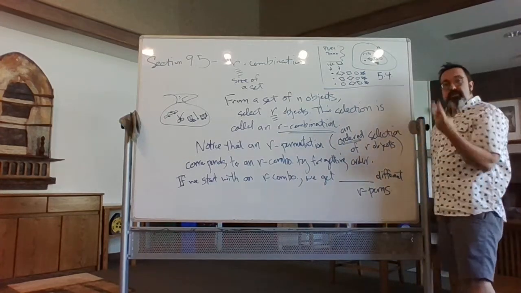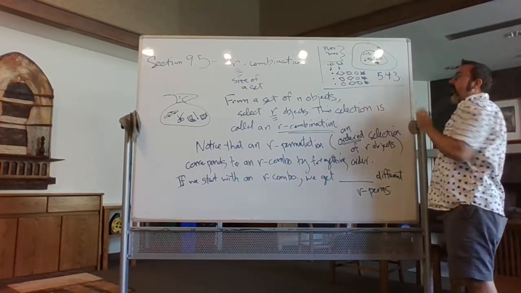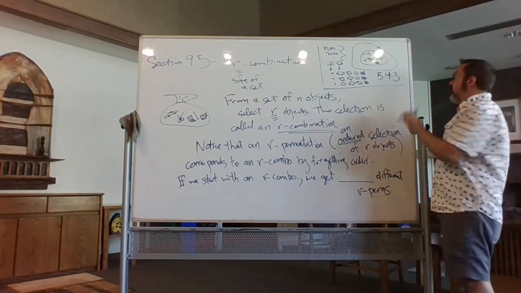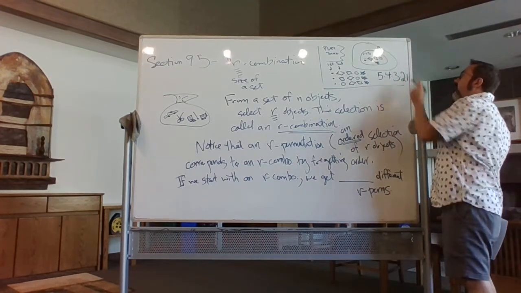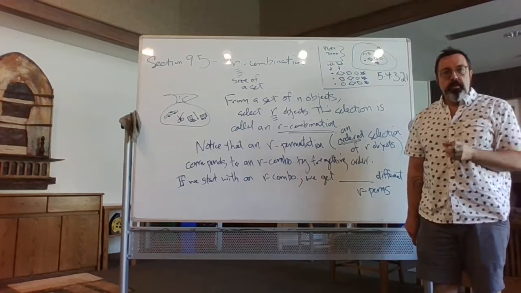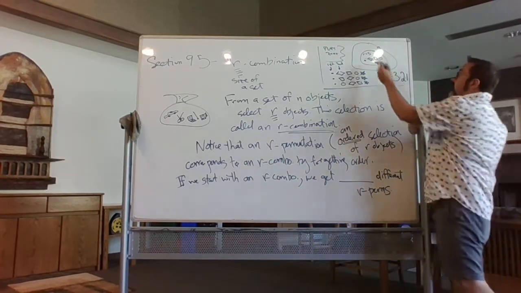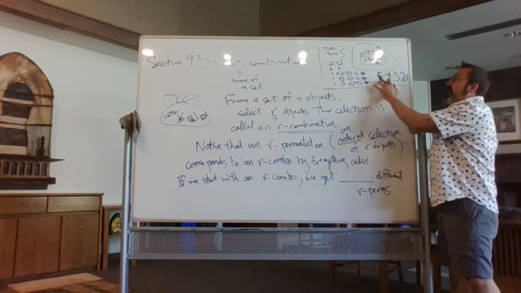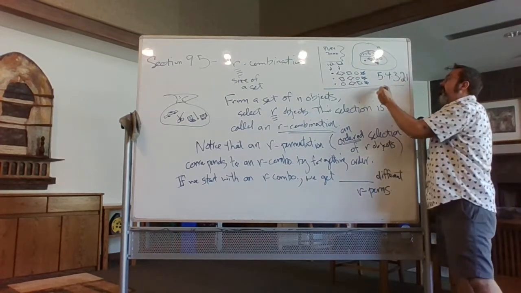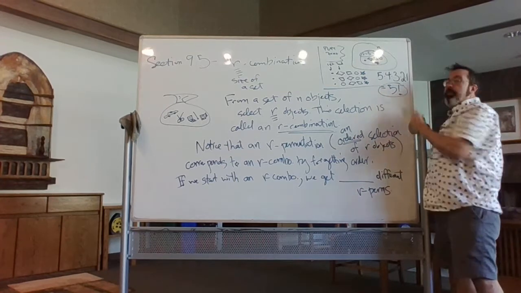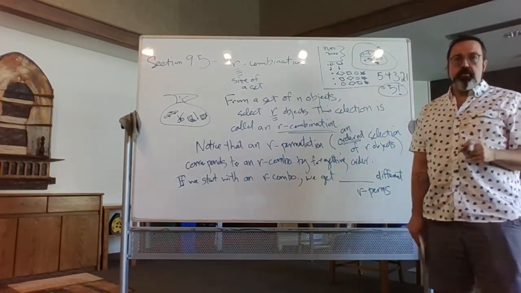Now we fix the first 2, and we have 3 elements remaining for the third position. Then the fourth position, and by the time we get to the end, we're stuck. We have just one choice to make. There's only one object remaining. So in this case, when R equals 5, there were 5 times 4 times 3 times 2 times 1, that's our by now hopefully familiar 5 factorial.